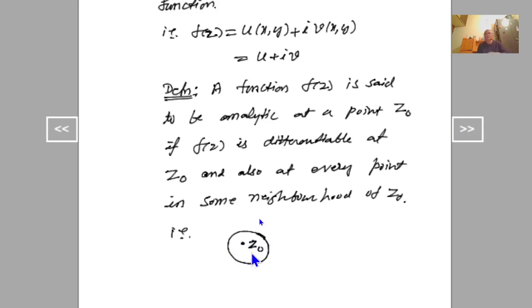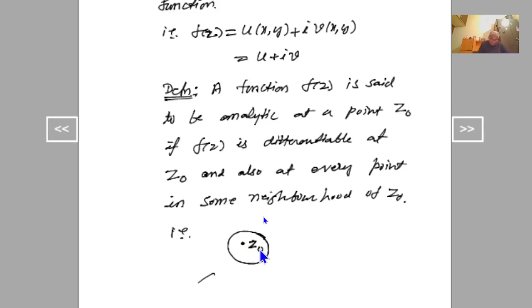That is, the function f of z is said to be analytic at a point z naught if it is differentiable at z naught and also differentiable at each point in some neighborhood of z naught. Then we say that the function is analytic at the point z naught.